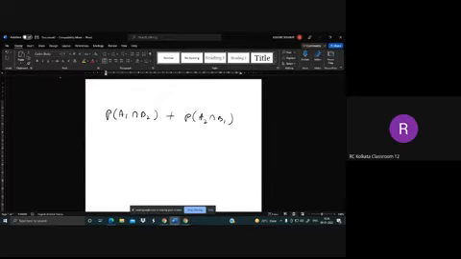Now, because they are two mutually exclusive events, probability of A1 into probability of B2 plus probability of A2 into probability of B1. Okay. Why have I written these two this way? Because they are all mutually exclusive events.